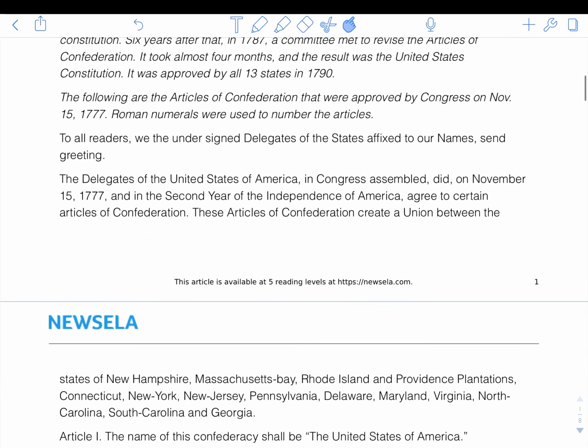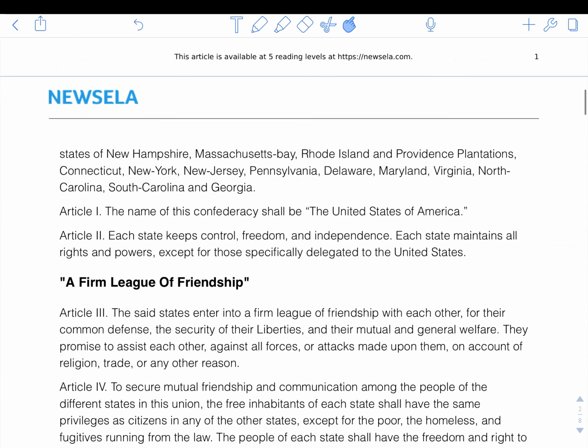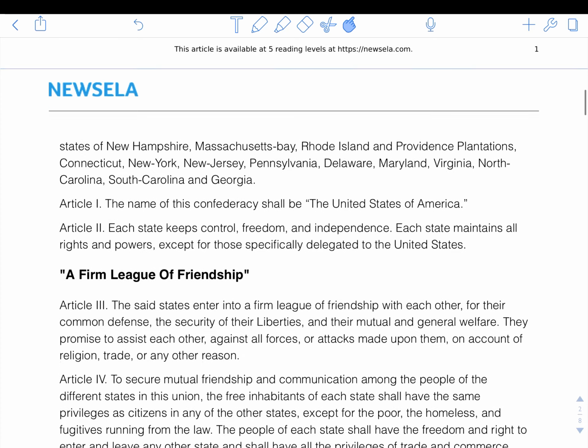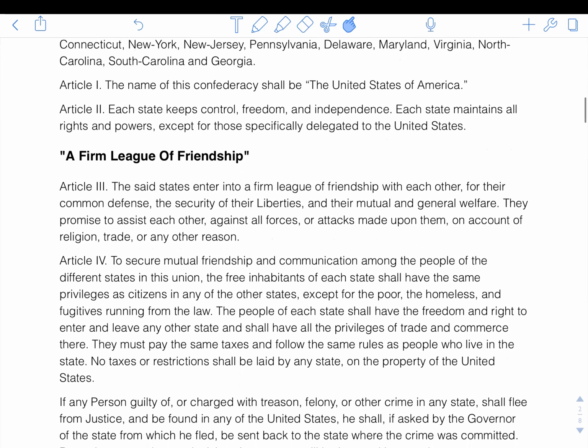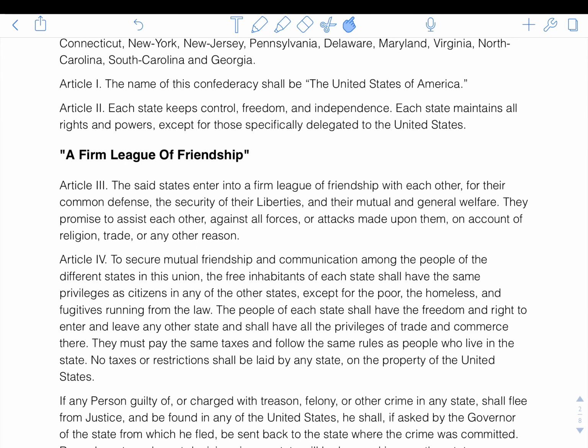So the first article here is the name of the Confederacy, to be the United States of America. That's really nothing we need to focus on. Obviously, that's pretty clear. Article 2, each state keeps control, freedom, and independence.